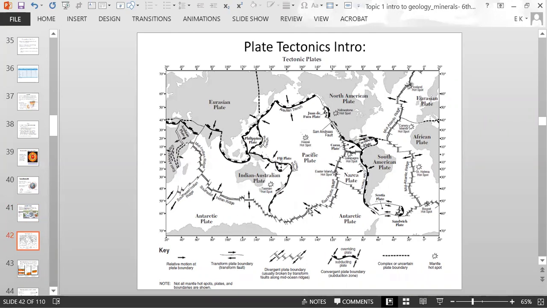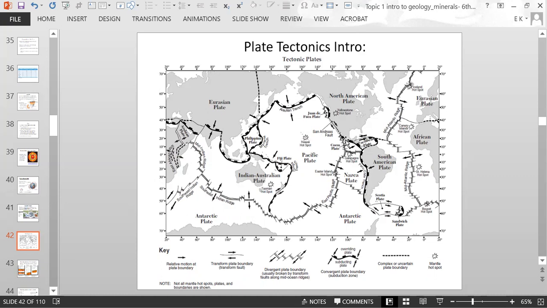There are arrows that show if the plates are separating from other plates, or if the plates are moving next to each other but in opposite directions, or if the plates are coming together towards each other. For example, the North American plate is moving away from the Eurasian plate and away from the African plate. Those are moving away from each other. But the Eurasian plate and the Pacific plate are moving towards each other.